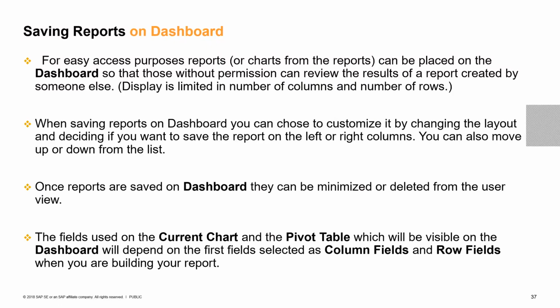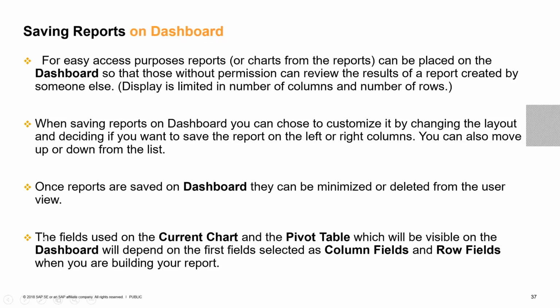And you can choose to customize by changing the layout and deciding if you want to save the report on the right side or the left side of your dashboard. And from the dashboard, you can also minimize the report, or delete it from the view.